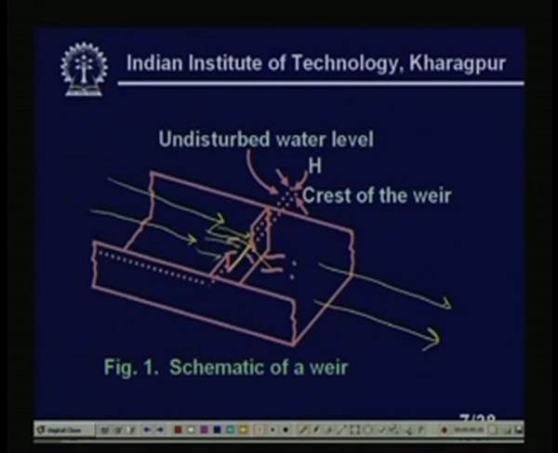From the crest to the undisturbed water level, that is the head of the weir. I repeat: from the crest, that means the sharp edge of the weir, to the undisturbed water level is capital H, the head of the weir. Actually, we will measure H by some means. So, this is a schematic of a weir.